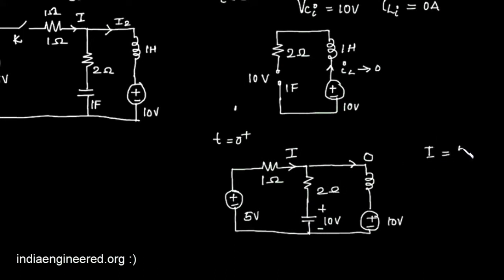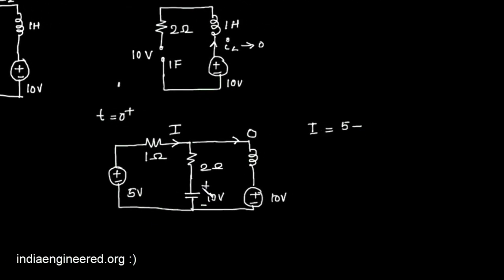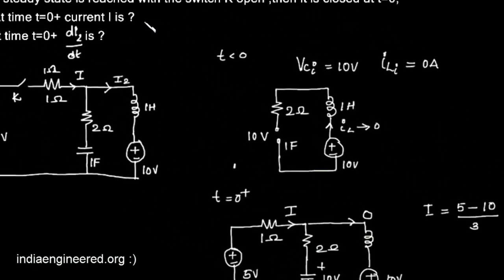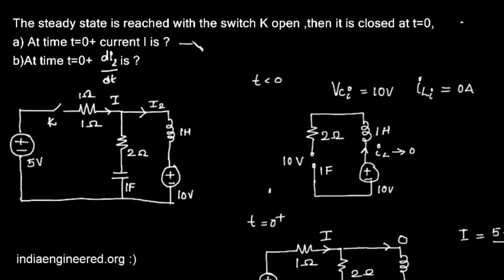It will be 5 minus the potential here, 10, that is the potential difference across those 3 ohm, divided by 3, that is minus 5 by 3 amperes. So we have found out the first part.